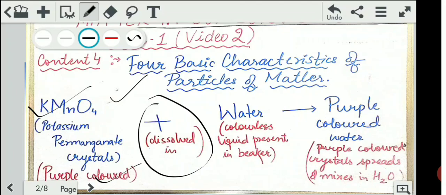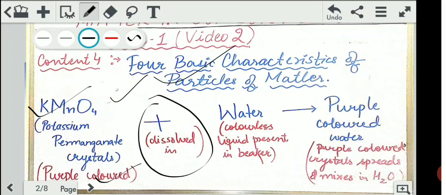Now, how can this activity show that the particles of matter are very small? Now I will tell you. Have you ever dropped ink anywhere? Usually in schools, many of us have done this naughtiness when we drop ink somewhere just to play.